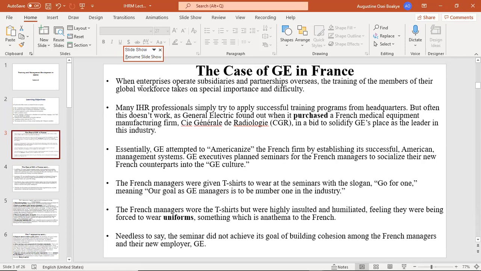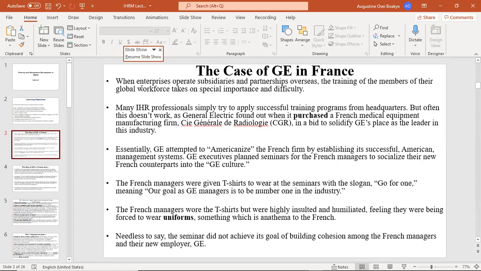Essentially, GE attempted to Americanize the French firm by establishing a successful American management system. So they were just trying to replicate in France what was happening in the US. GE executives planned seminars for the French managers to socialize their new French counterparts into the GE culture.